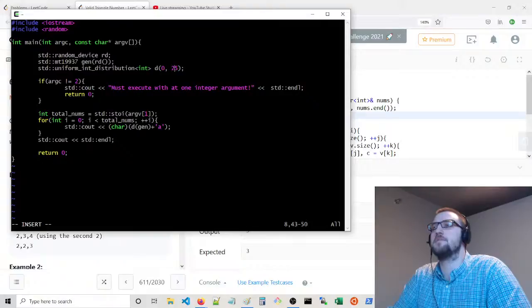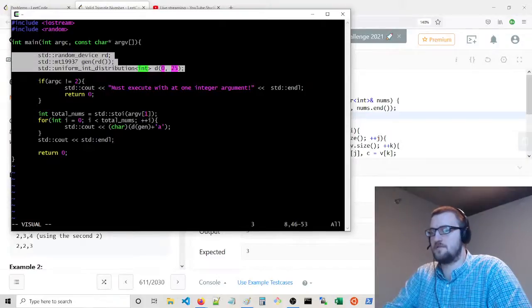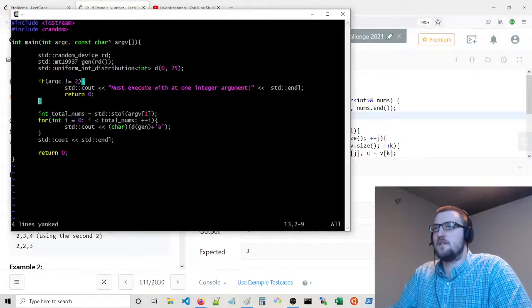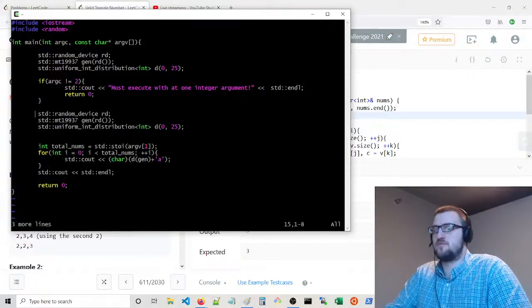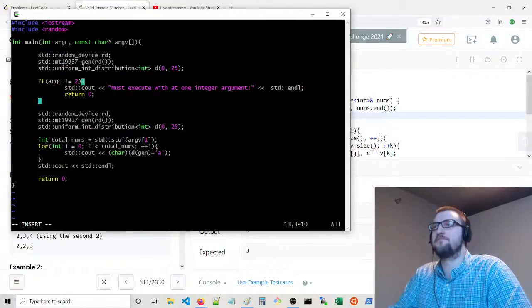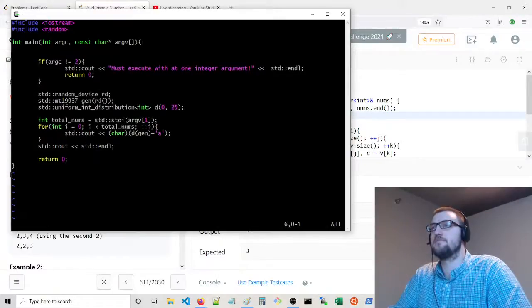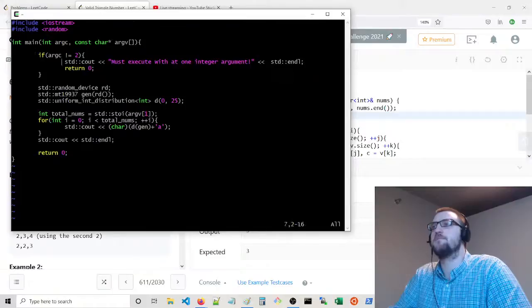Uniform distribution, we can actually use the arguments for this. And there should be at least two integer arguments.